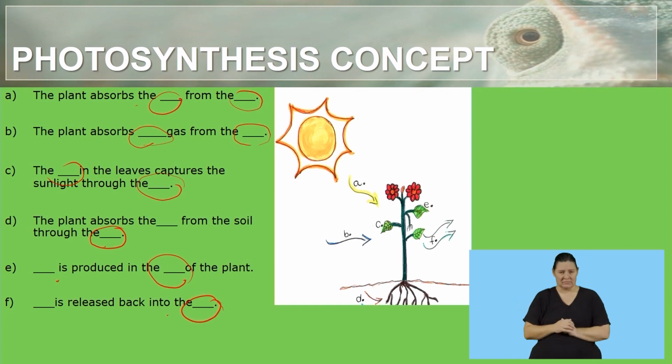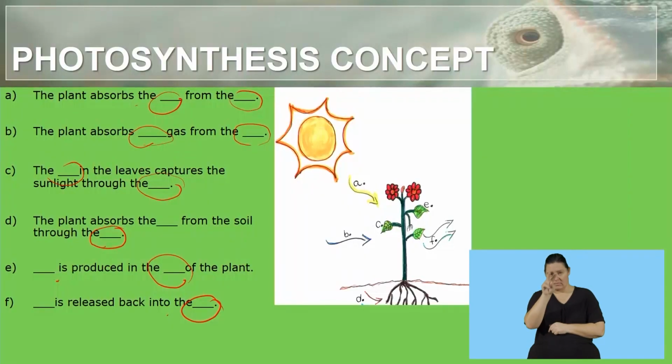So basically, if you look at the last two statements, they give you an idea as to what is being required from you because it has to do with being produced, being released. So this tells us that these are the things that we get from the process that we have just explained. So I'm just going to give you time to look through the questions and then decide which words to place in the open spaces.